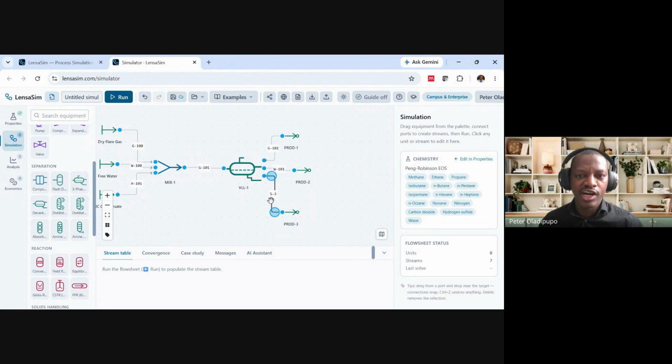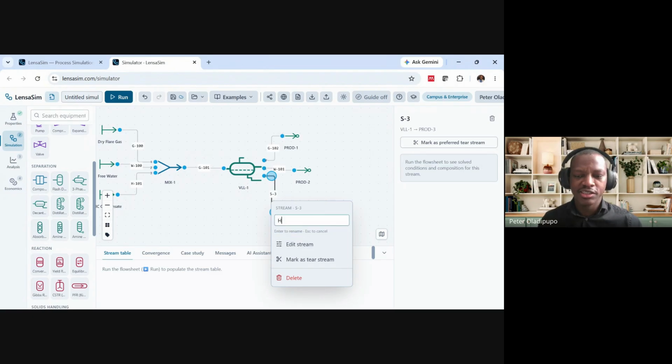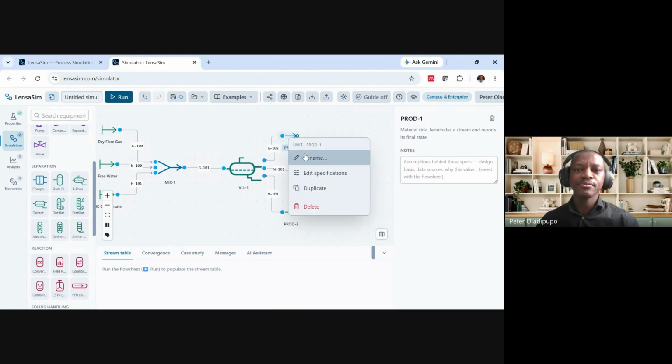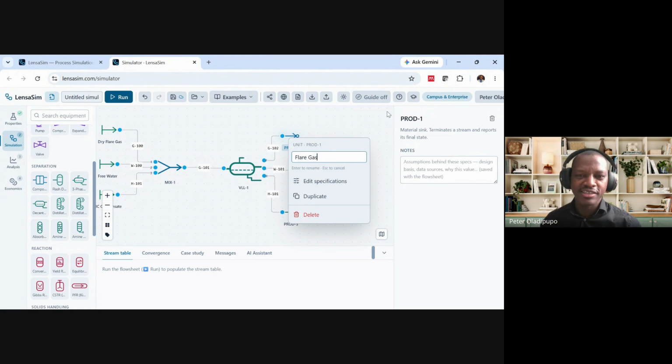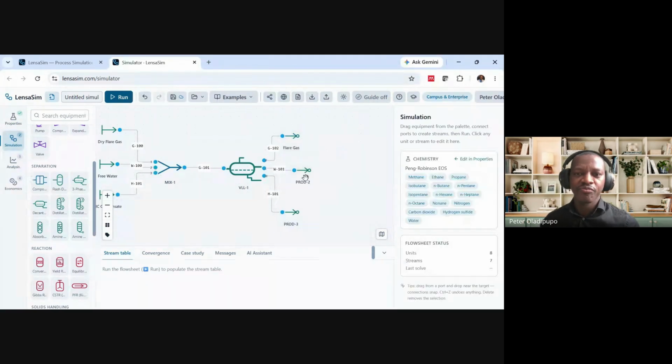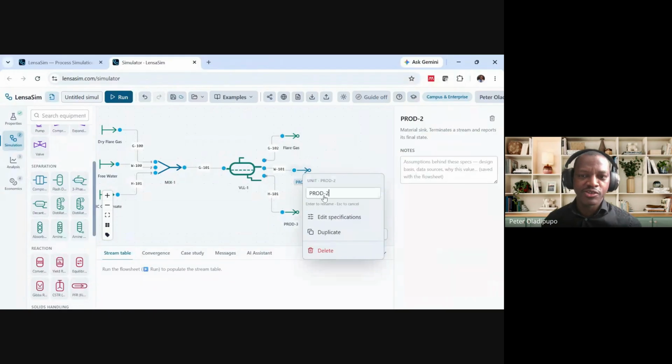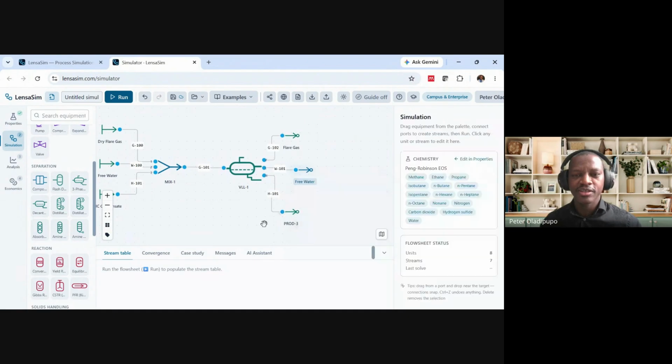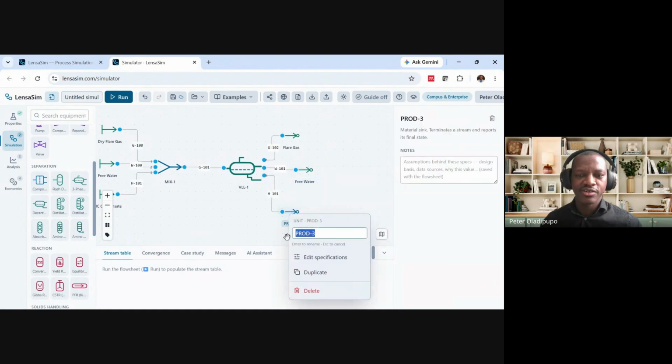For the hydrocarbon, we will call this H101. So this is still the flare gas, so let's just call it flare gas as it is. It's completely gas, vapor fraction is 1. That's what we're going to achieve here. Here, you can just call it free water. That's the final product. And HC condensate again.